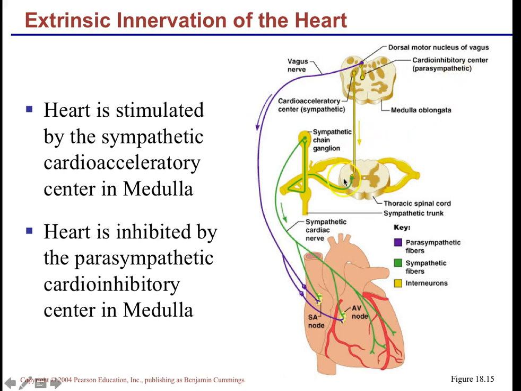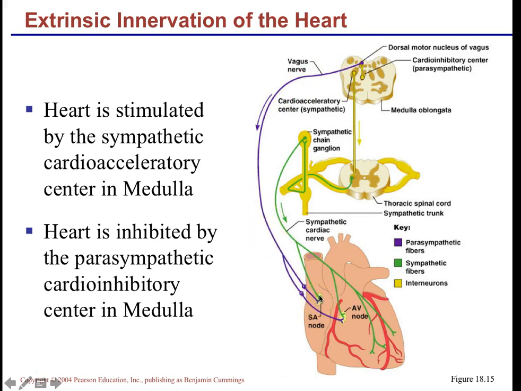So that if you need to have your heart rate, your stroke volume, remember stroke volume is the amount of blood pumped every time the ventricles do systole, and heart rate is obviously how many beats per minute. So if you need to have those two sped up, then there are these sympathetic cardiac nerves that come out of the medulla, and they are going to branch.